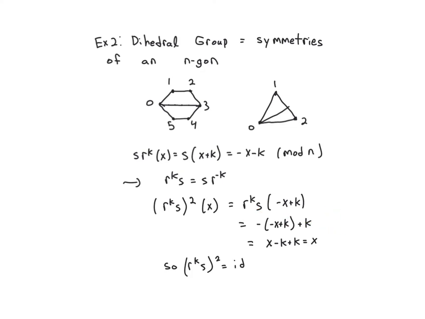I'm just leaving that off, but it technically should be there. Distribute the minus sign, and you now have x minus k plus k, which cancels. And lo and behold, you actually have that this element has order 2. So r to the k times s is order 2.